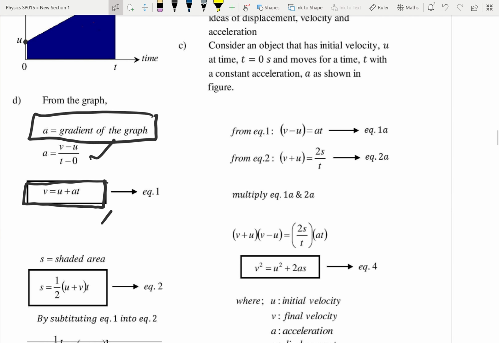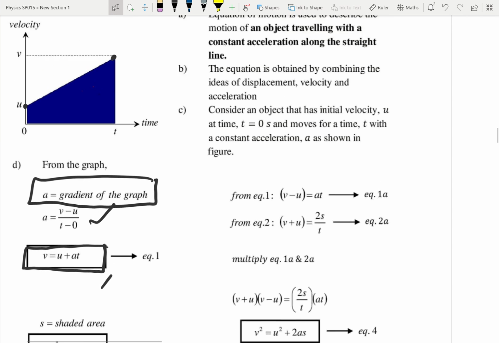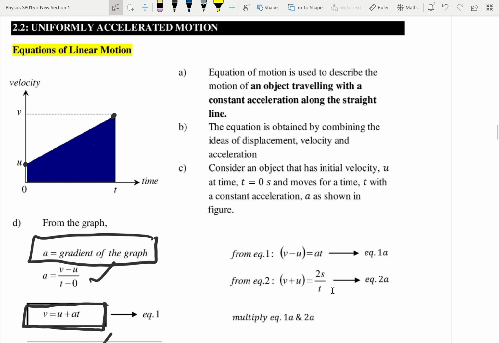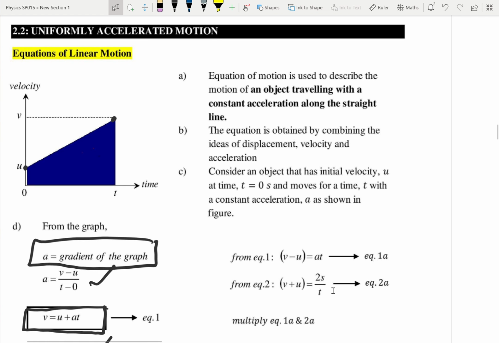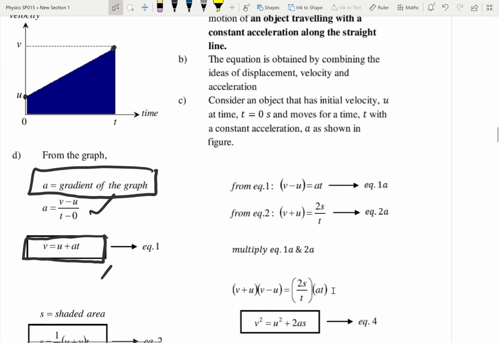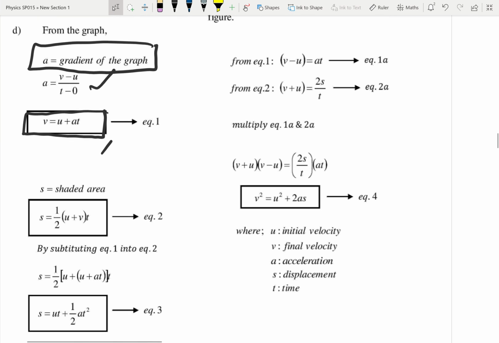The second equation is still from the graph. Just so you know, the area under the graph of velocity against time represents the displacement.